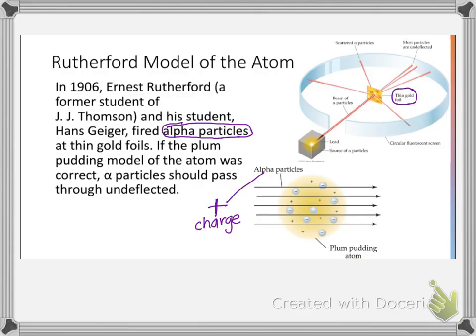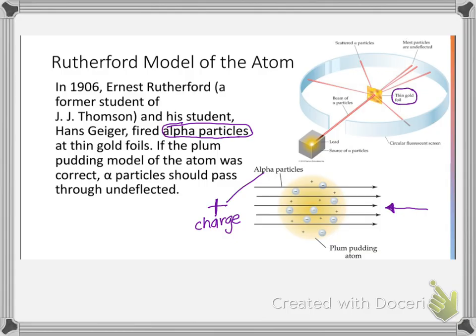Now, what they thought with the plum pudding model, and they were trying to test it, is that if the plum pudding model was true, the alpha particles would just blast through that positive soup and continue on to the other side. It would not get turned anywhere. It would just be a straight line of particles. You can see down here what they expected.